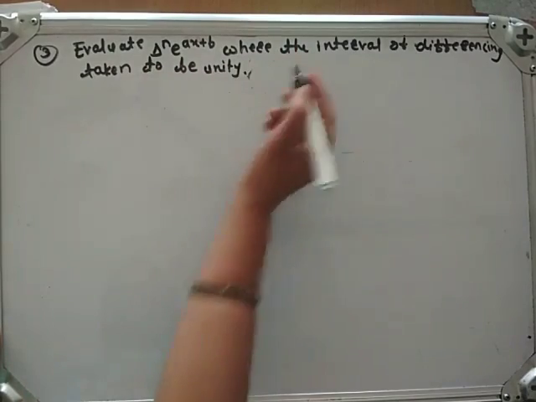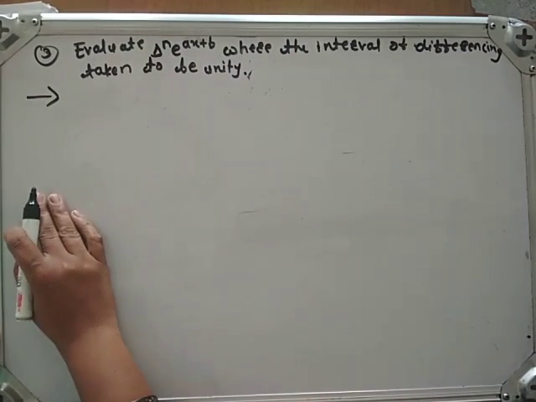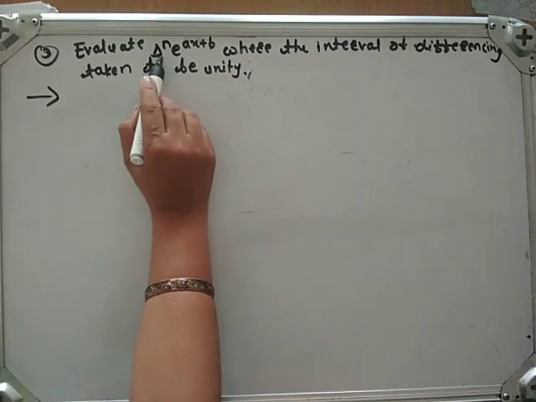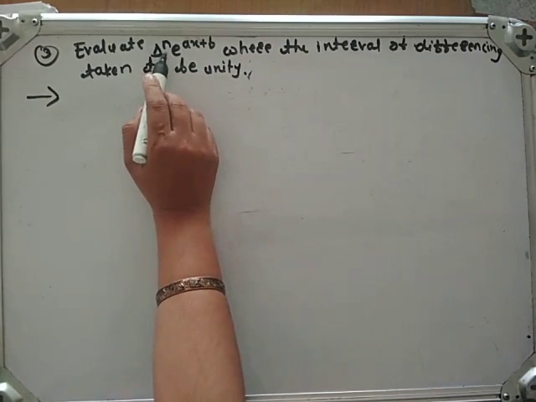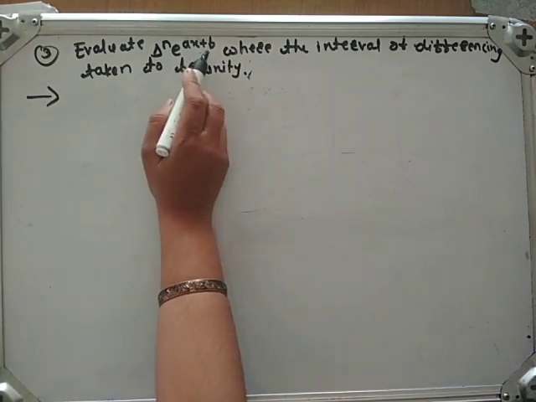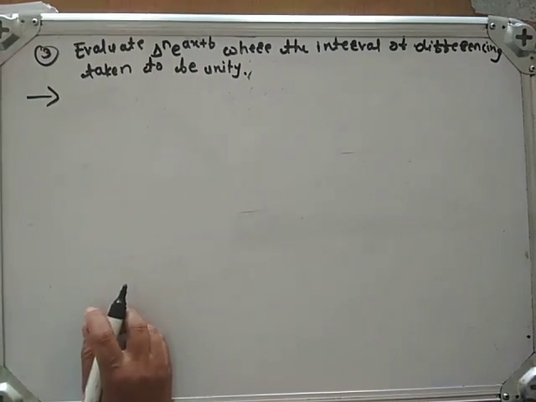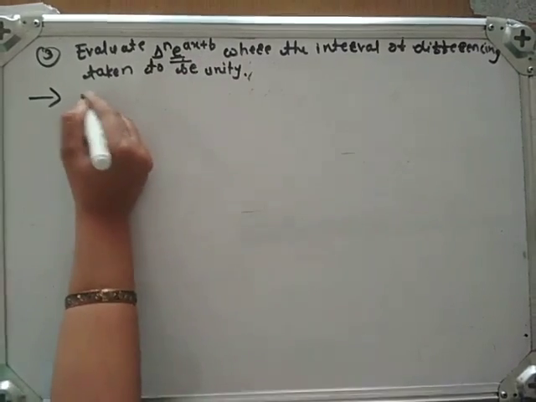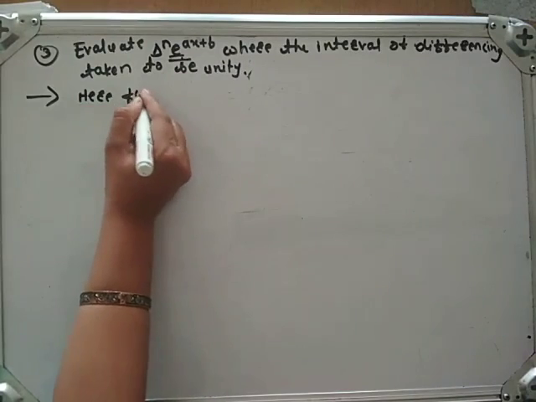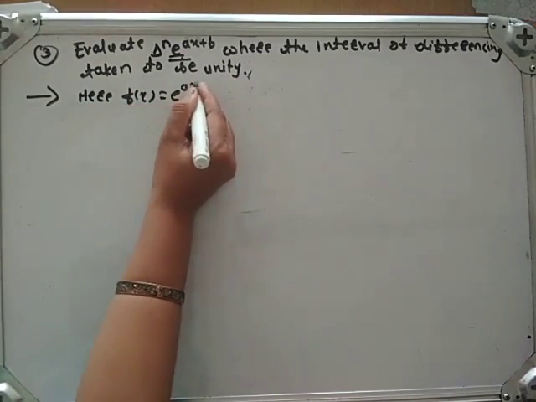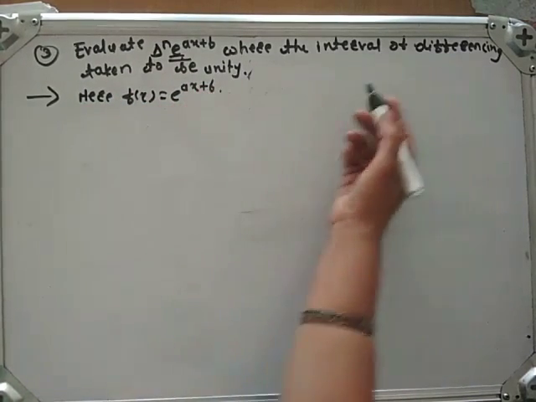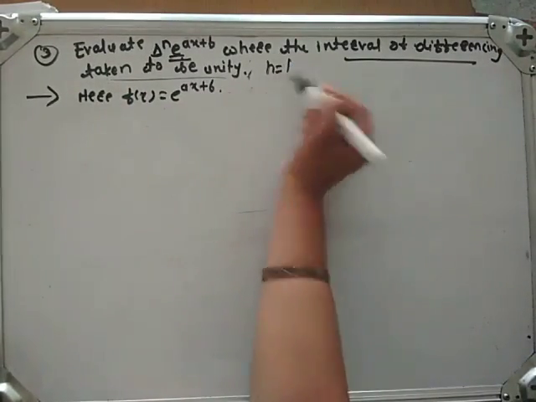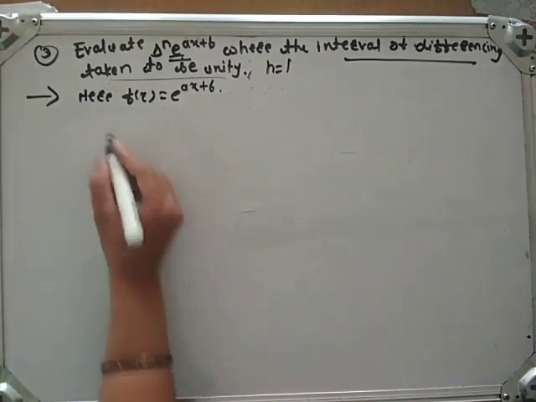In this example we have to evaluate delta raised to n of e raised to ax plus b. So here our function f of x is e raised to ax plus b, and the interval of differencing is taken to be unity, which means here h is 1.